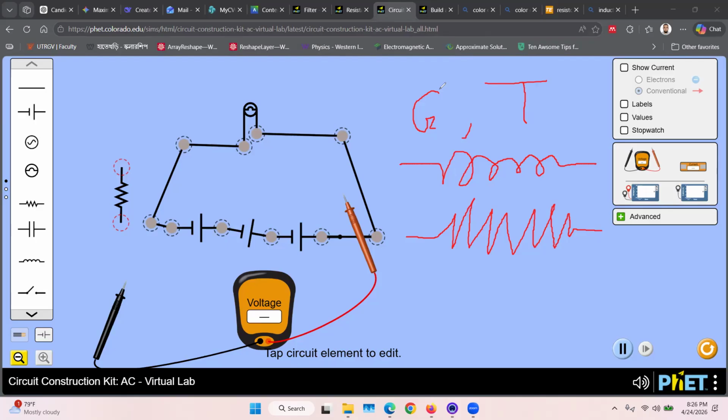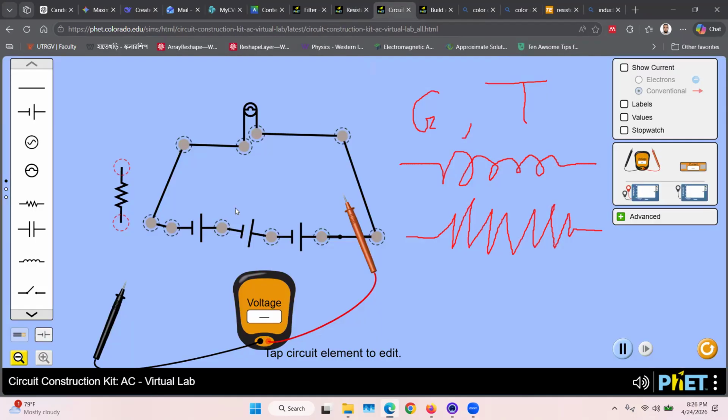You already did this lab. From there, to respect him, we use Tesla. Tesla is the bigger unit, like kilometer, and Gauss is like centimeter, the smaller unit. Okay, that's it then.